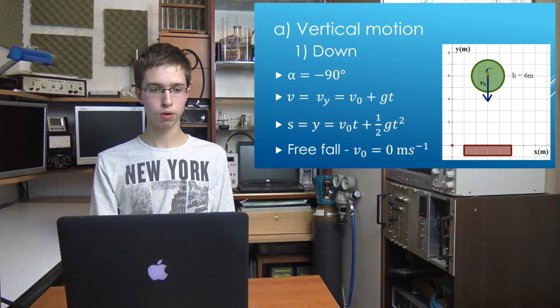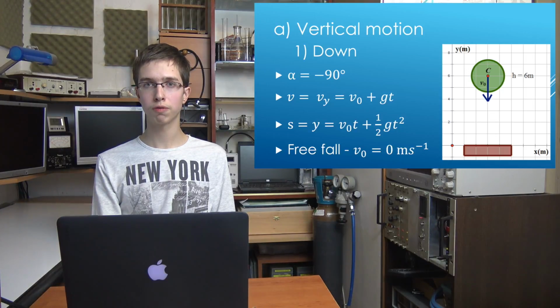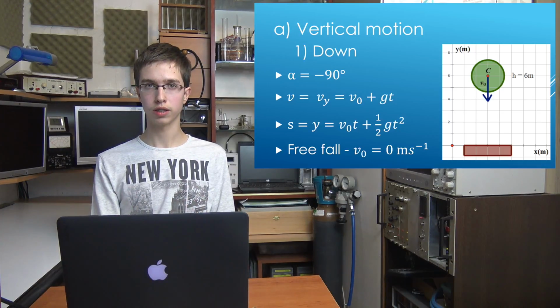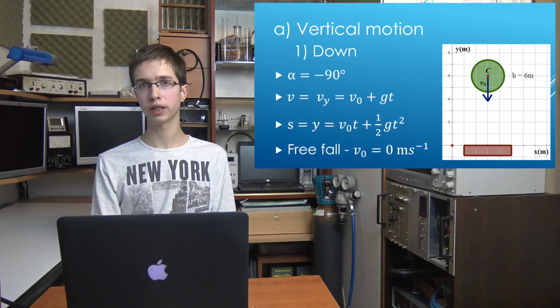And we also have a formula for distance, which is also in the y-axis direction. Finally, free fall is a special case of vertical motion down, when the body falls by itself, so it doesn't have an initial force that acts on it, so it doesn't have zero time velocity; this starting velocity is equal to 0 meters per second.